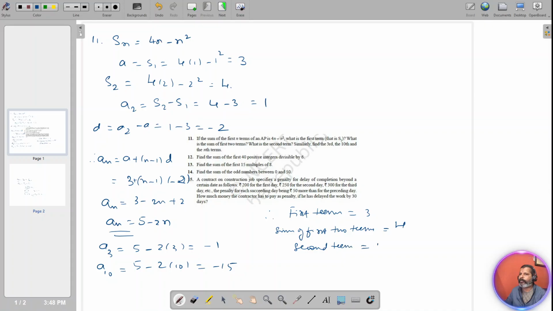Second term A2 we found 1. Third term A3 we found minus 1. 10th term we found as minus 15. Last, the nth term, therefore an is equal to 5 minus 2n. Okay, this is a concept based question. Okay, we'll move to the next question.